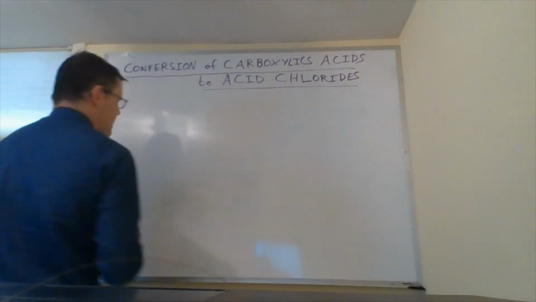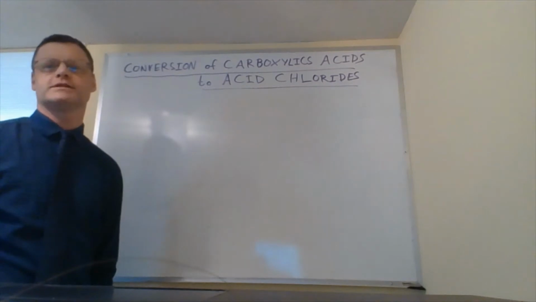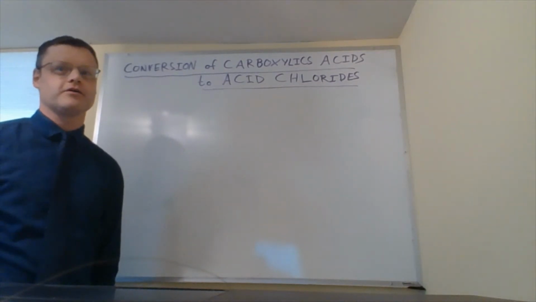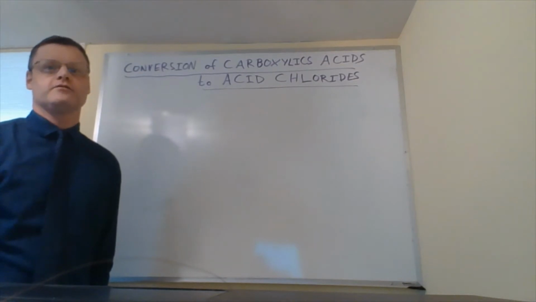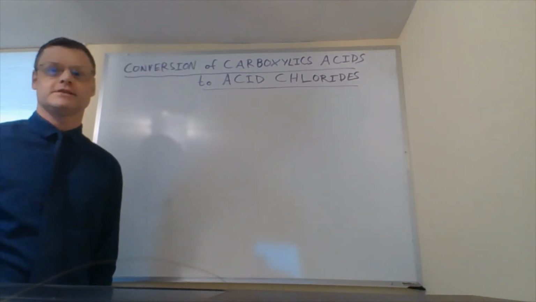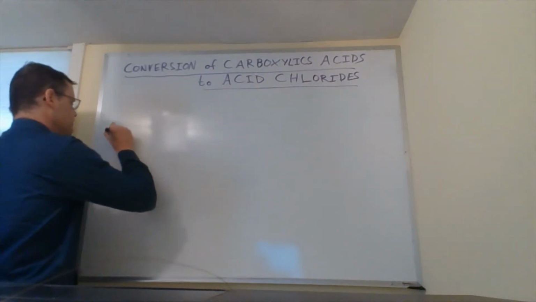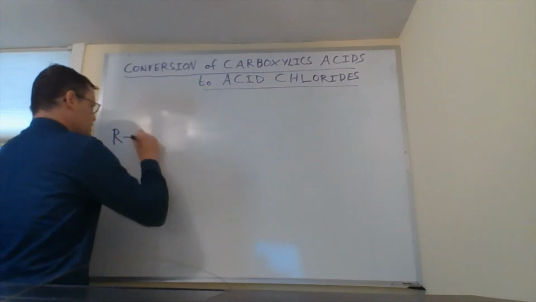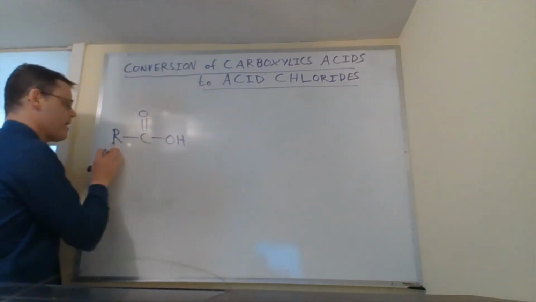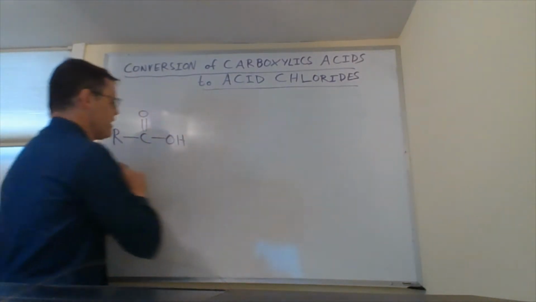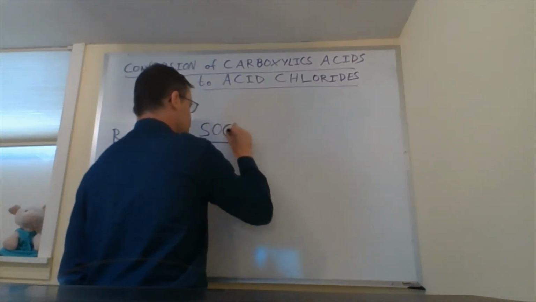Okay, so I'm going to go over a general form of this reaction, give you an example, and then I'll go over a mechanism because it's a really good demonstration of nucleophilic acyl substitution mechanisms. Our general reaction here is we're going to have a carboxylic acid with some alkyl group, and we're going to react that with thionyl chloride.